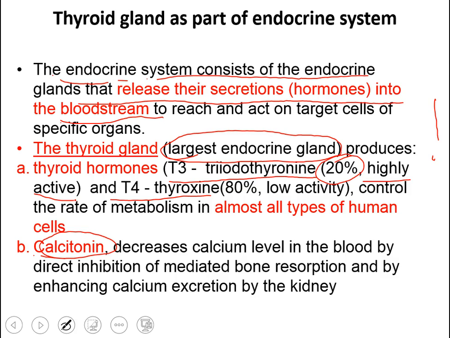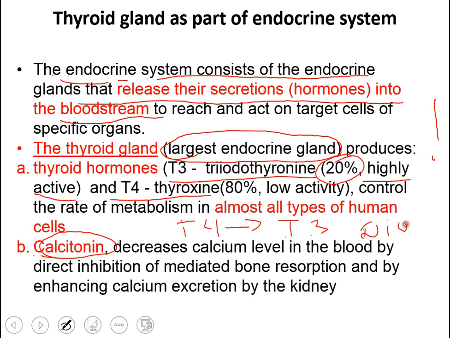T4, also known as thyroxine, represents the remaining 80% of the secreted thyroid hormones and has actually pretty low metabolic activity. T4 can be converted into T3, which is the active form of thyroid hormones, and this is usually done by enzymes called deiodinases, which are present in the cytoplasm of various cells.